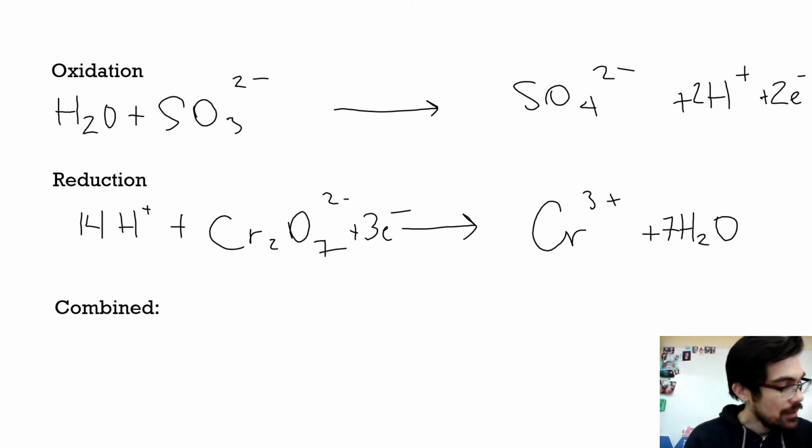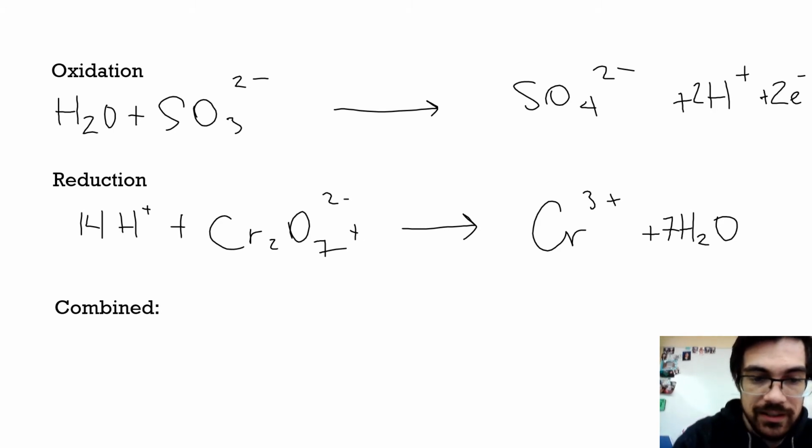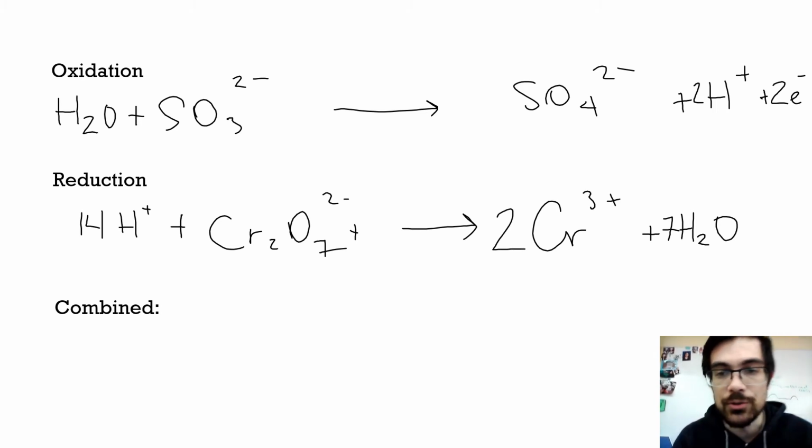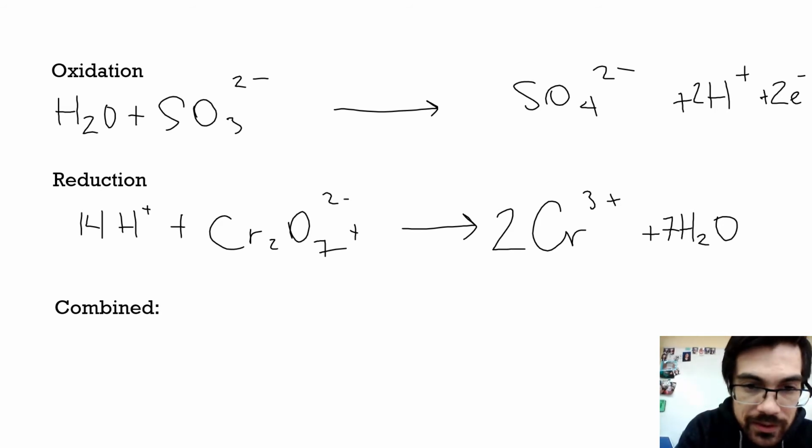Okay. Now, with this, we need to balance out our electrons. Okay, and so to do this, we are going to, oh, actually, sorry, you know what, I did make a mistake here. It's not 3 electrons, it's 6. And one thing I did miss here at the start is that there should be 2 Crs, because we had 2 on this side.